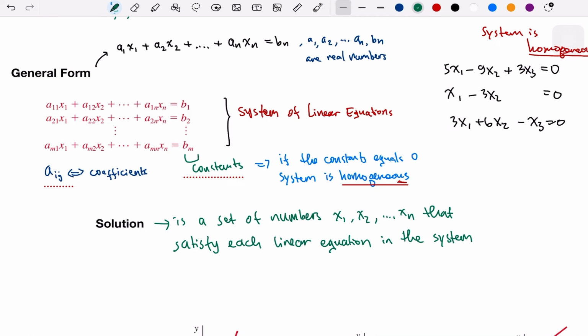For example, if we have 3 variables, we need 3 values; if we have 4, then 4, and so on.